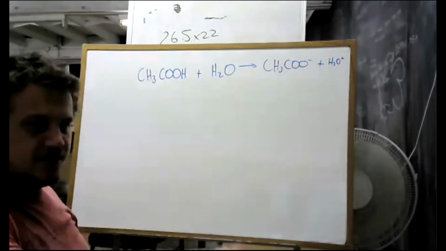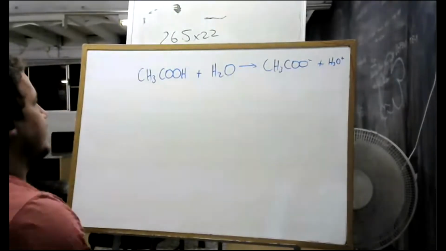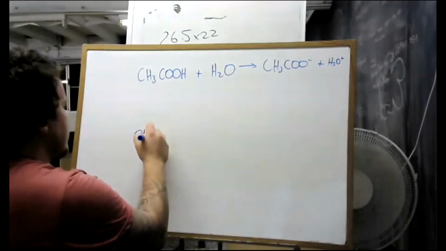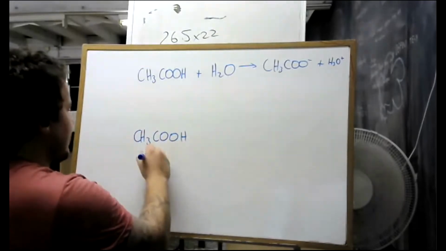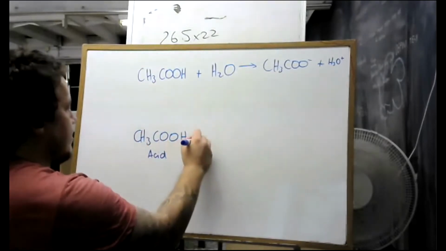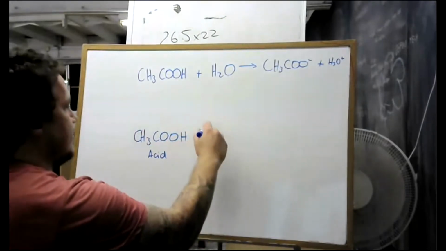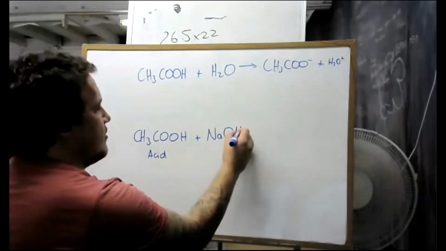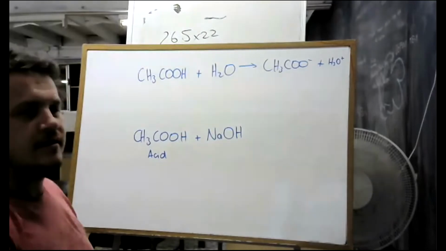So it's asking us to use a chemical equation to compare. So the other question is CH3COOH, which is an acid, and add sodium hydroxide. Who remembers their grade 10 chemistry?